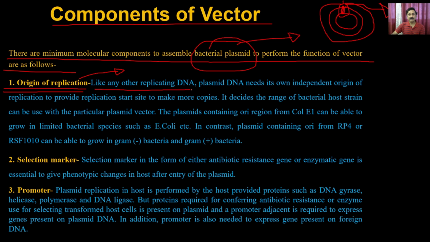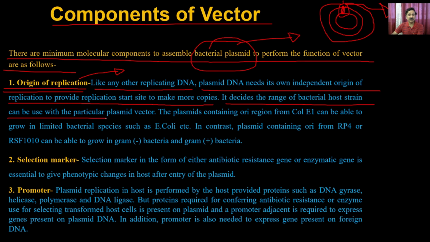Like any other replicating DNA, the plasmid DNA needs its own independent origin of replication to provide the replication start site to make copies. It decides the range of bacterial host strains that can be used for a particular plasmid vector. So depending on the type of origin of replication, you can choose the host.